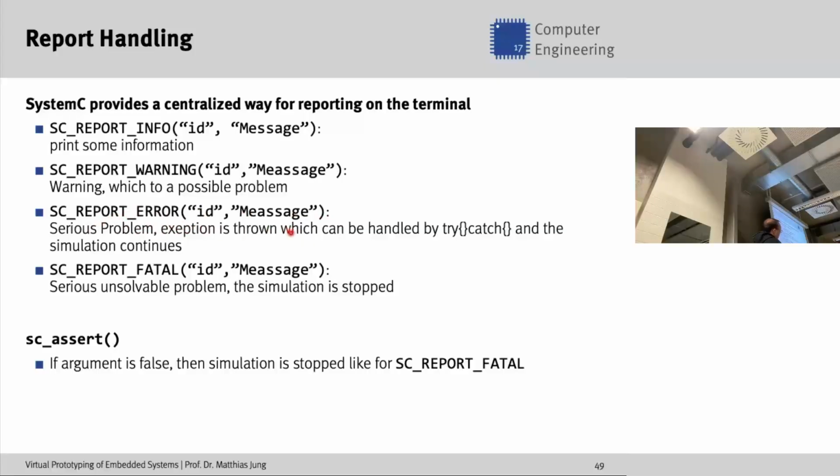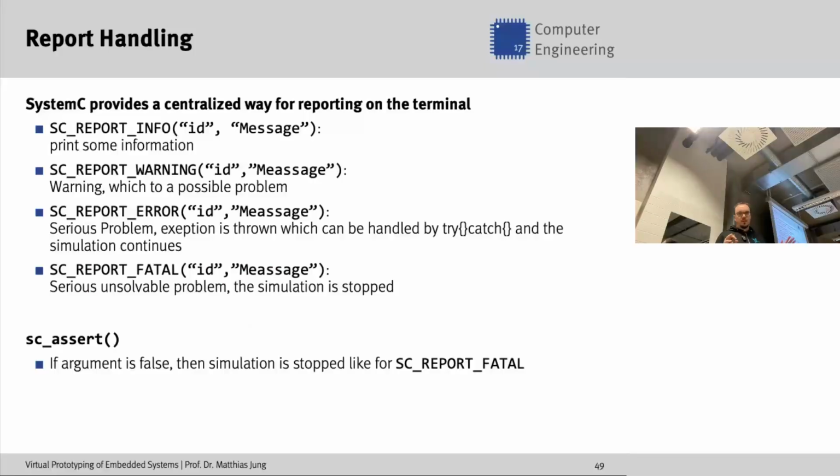But then an exception is thrown, and here you have to handle the exception by using try and catch. If you successfully handle that, then the simulation also continues. And there is SC report fatal. If you call this, then the simulation is stopped.